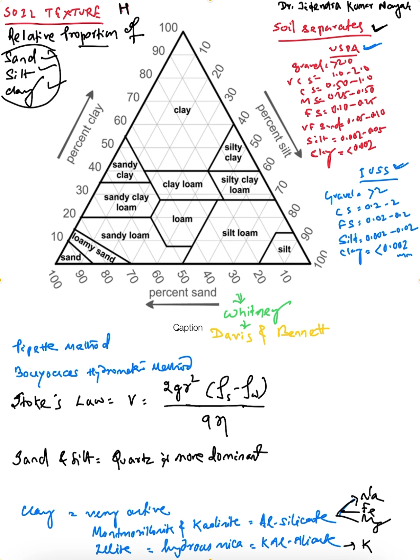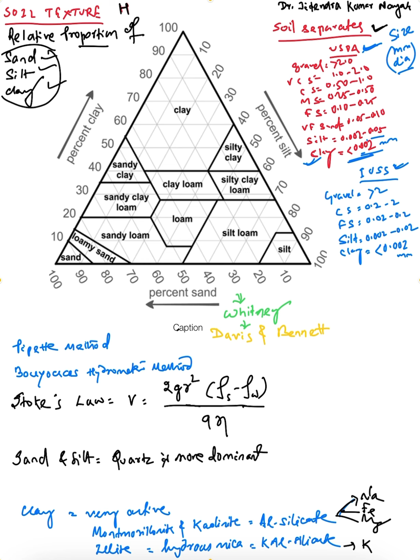Based upon the United States Department of Agriculture, the soil separates are classified based upon the size of the separate, and this size is the diameter, with the unit in millimeter. If the soil separate size is less than 0.002 millimeter, then we call it a clay particle. If it is silt, then 0.002 to 0.05.